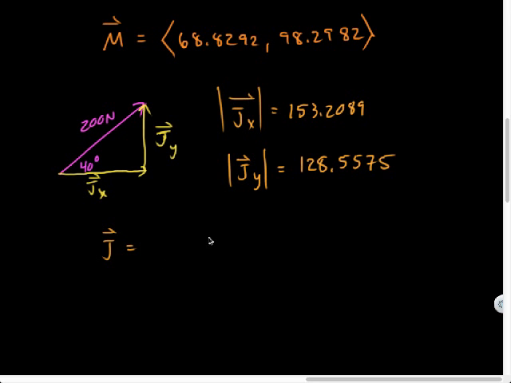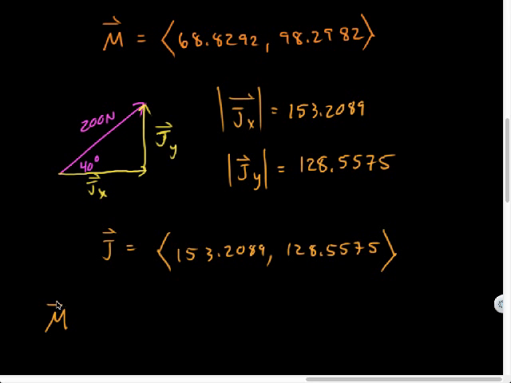Yeah, I'm sure. So the Joseph vector would be 153.2089, comma, 128.5575. So if I want to find the sum of these two vectors, what do you think I would do? Add the x's and add the y's. So ready?